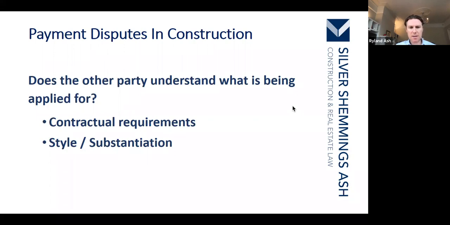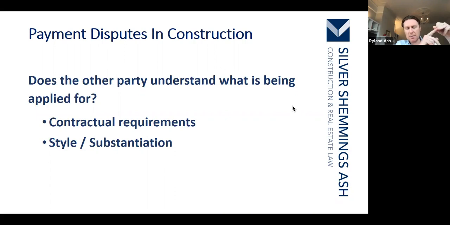So does the other party understand? Are there contractual requirements that you've satisfied? For example, if you're claiming for a variation, are you entitled to that variation? Is it a variation under the contract? If you're making a claim for an extension of time and prolongation, are you entitled to that money? Are there provisions for loss and expense that apply?